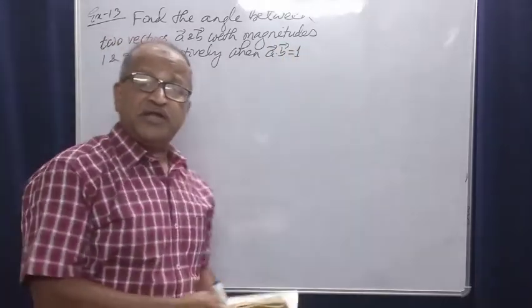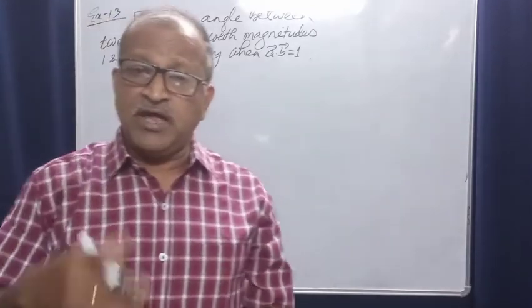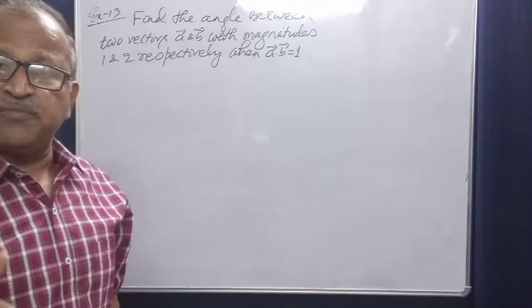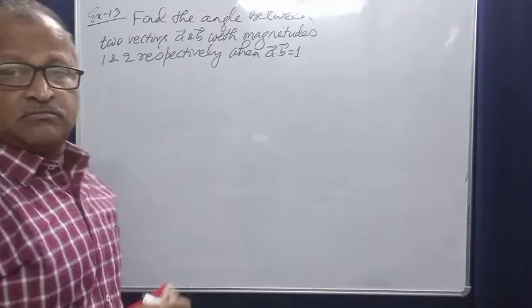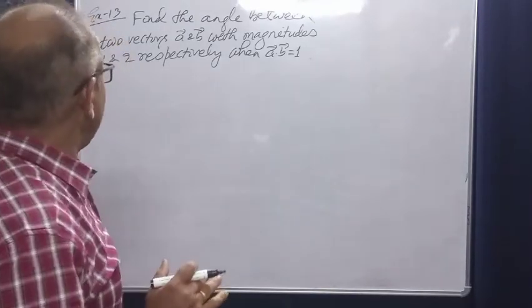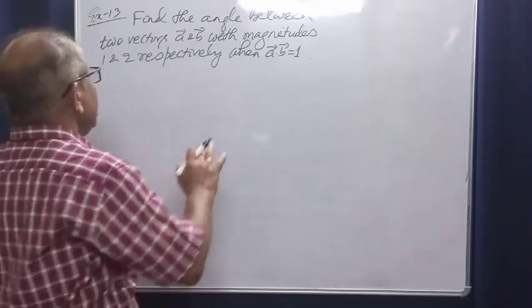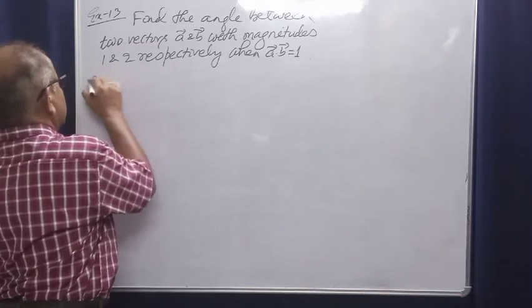When a dot b, that means scalar product of a and b is 1, right? What will be the angle between them? What are given? Magnitude.